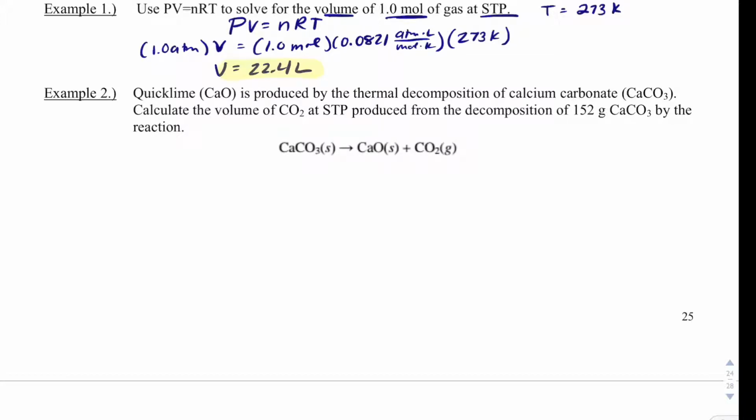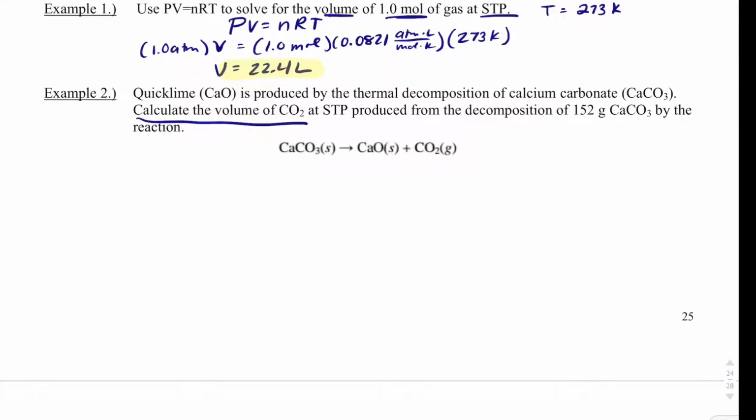So before this set of notes, if you've used 22.4 liters, you are using something that comes from the ideal gas law. The reason why this is useful to know is in an example like number 2, where we have quicklime, calcium oxide, produced from the decomposition of calcium carbonate.